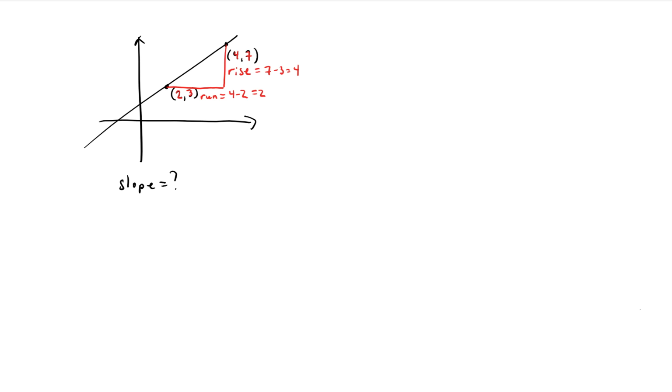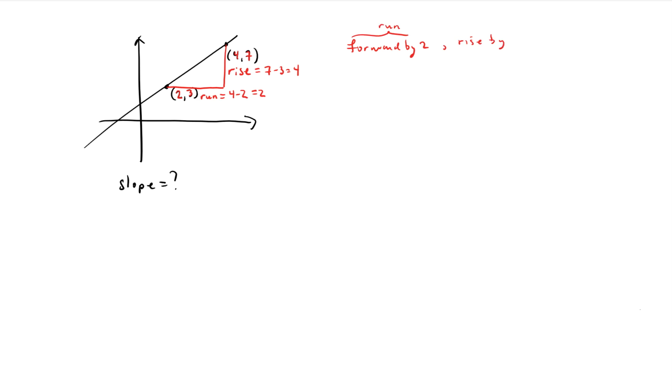So that means if I go forward by 2, I go up by 4. Okay? So maybe let's write that here. Forward by 2. So that means a run of 2.